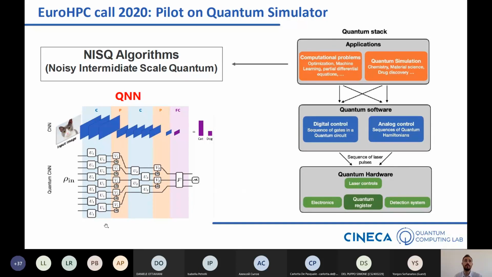Here you can see an example of a convolutional neural network. Each line is a qubit. Then you perform operations and measurements in order to reduce the dimensionality, and at the end you try to classify the initial image that you have to encode at the beginning using probably this U1 gate.